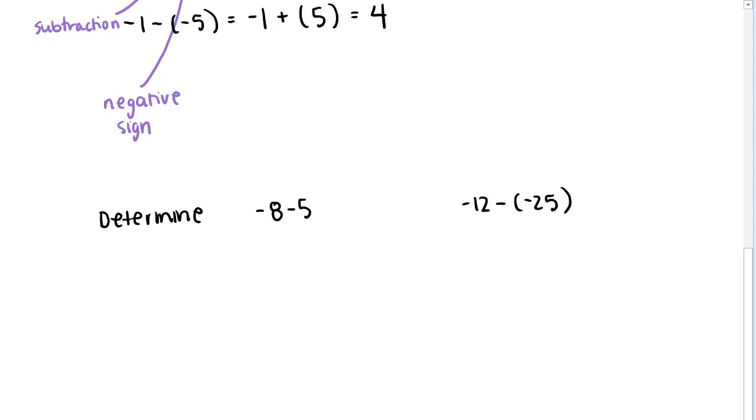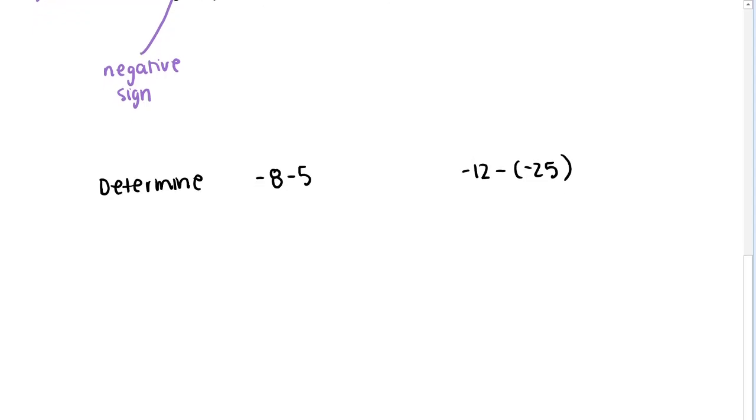So negative 8 minus 5, this is not negative 3. This is the same as negative 8 plus negative 5. And if I think of my debt analogy, if I owe $8, I owe 5 more, I really owe 13. This is negative 13.